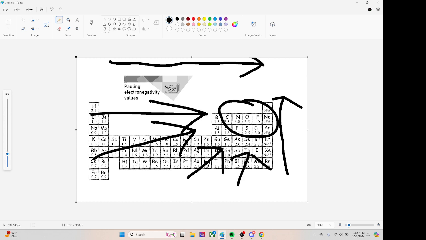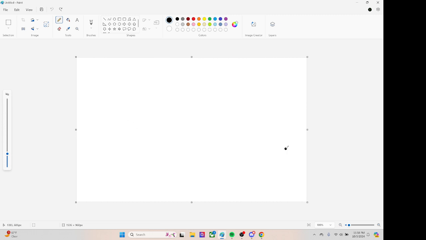So you can give yourself a little estimate if you don't remember this. You just know that these numbers are usually in the 3s and 2s, so these numbers are very low. So if you have, for example, 4.0 and 1, that's a 3.0 difference. That's not a covalent bond, that's an ionic bond, right? So we got that. Okay.